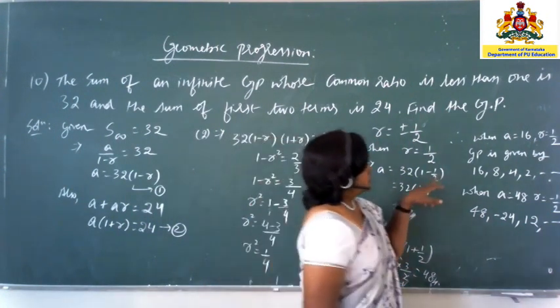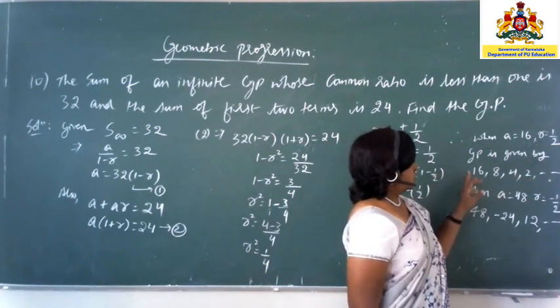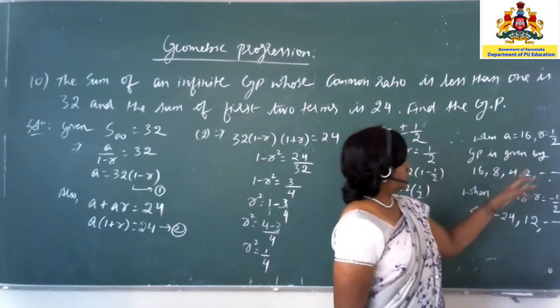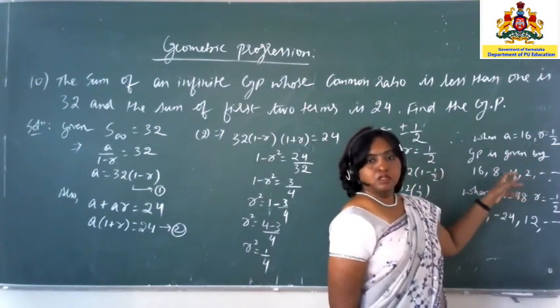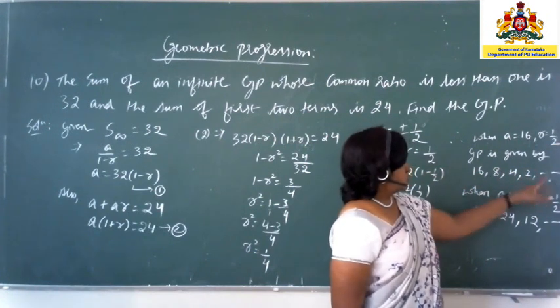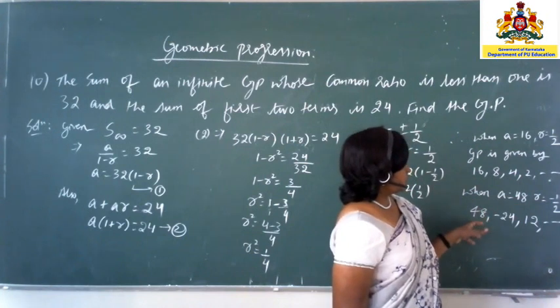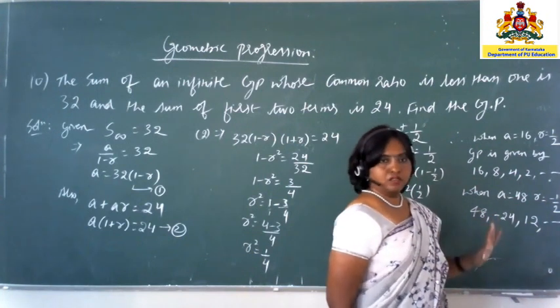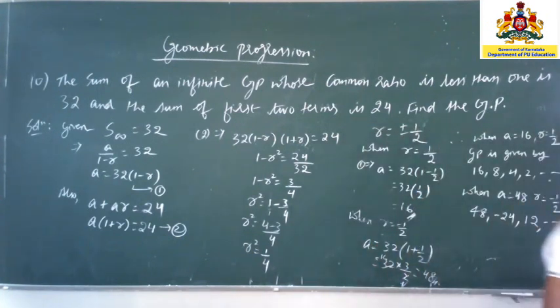So then GP is given by, that is A, AR, AR square, AR cube. You just substitute the values. So 16, 8, 4, 2, continuous. So the other one, 48, minus 24, 12, continuous. Yes, make a note. These are all 5 marks questions.